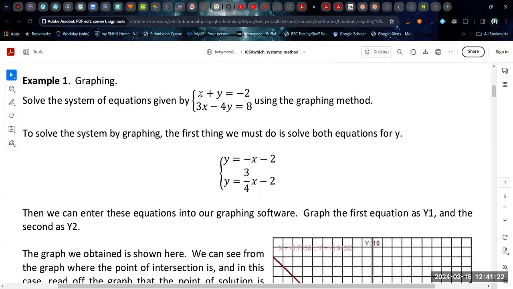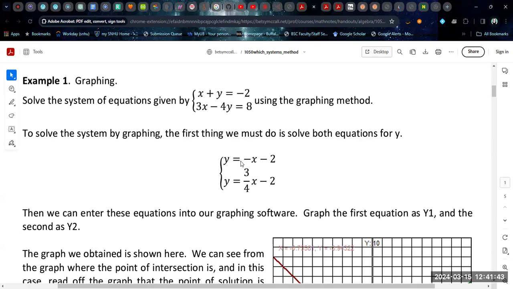And so we're going to do that by, in this first equation, moving our x over to the other side, and then we'll have y equals negative x minus 2. In the second equation, we have a little bit more algebra to do. If we move the 3x over, and then divide by negative 4, we end up with y equals 3/4 x minus 2.